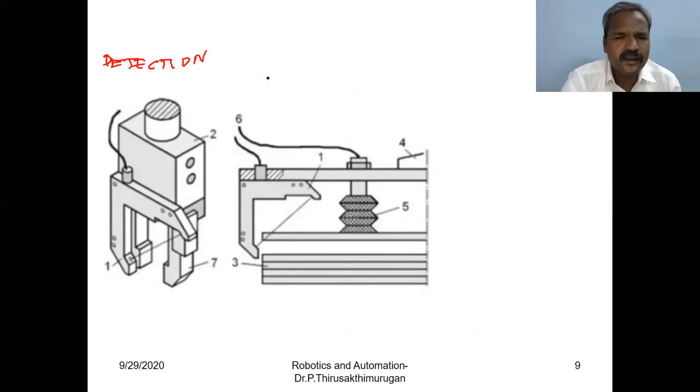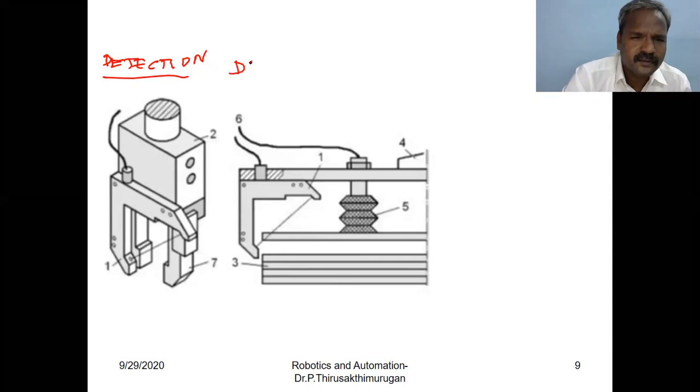That is called dysonic. So dysonic is detection of an object by a diagonal barrier, simply called dysonic.